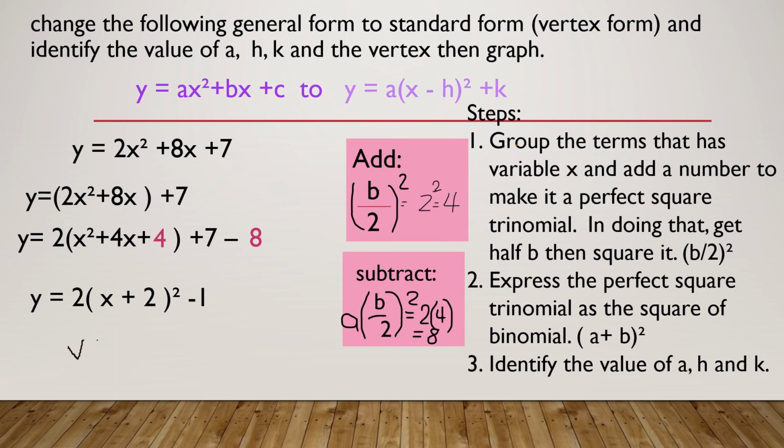We have now h is equal to what? Negative 2, and k is negative 1. The value of h is negative 2 and the value of k is negative 1. So that's the vertex of the parabola.